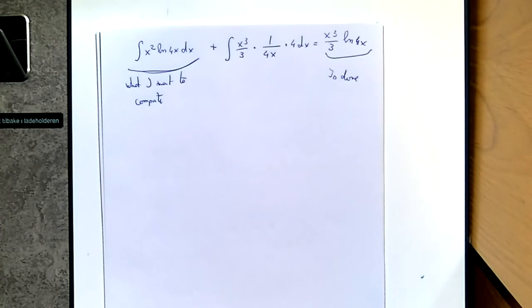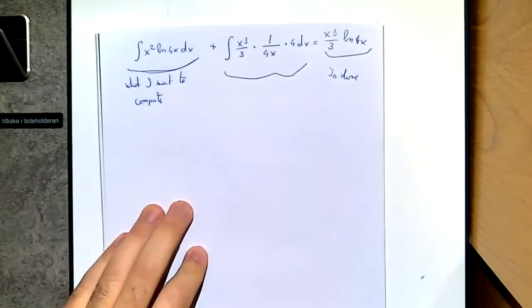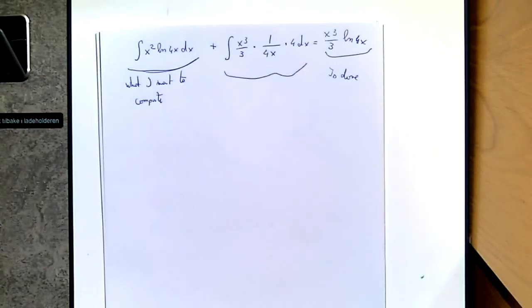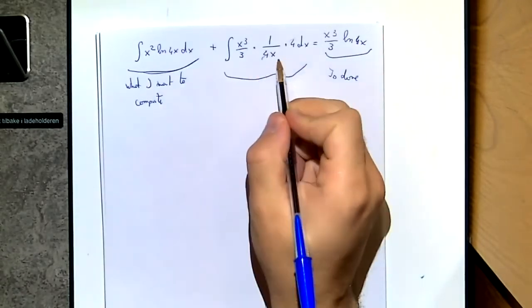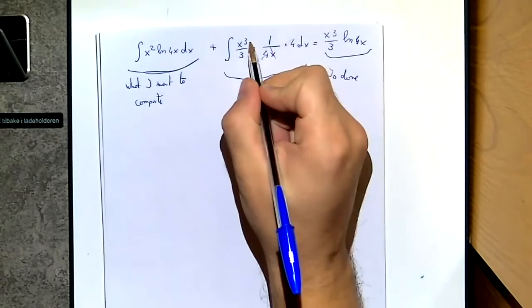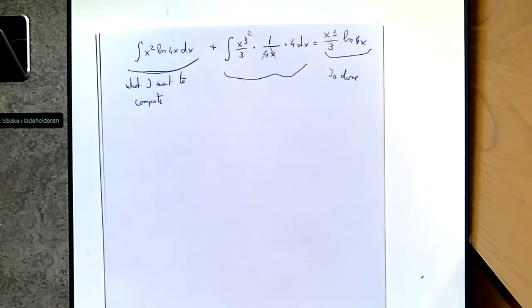On the other hand, now I just need to compute this. And I pray to God that this is easier to compute than my initial integral. Let's see. Well, 4 goes away, and x here goes away, so I just have an x squared left.